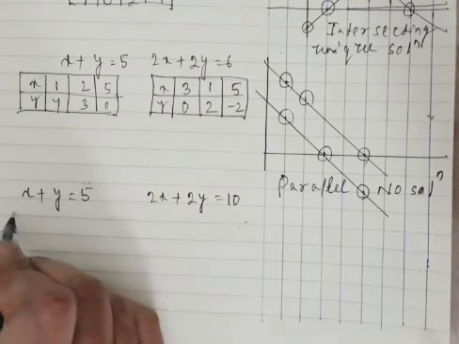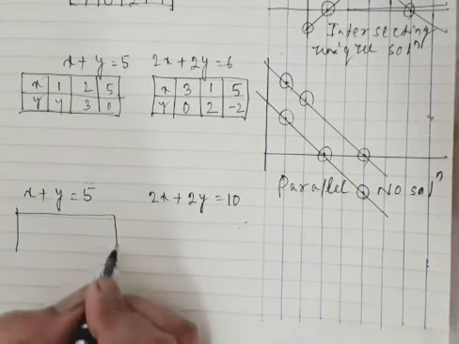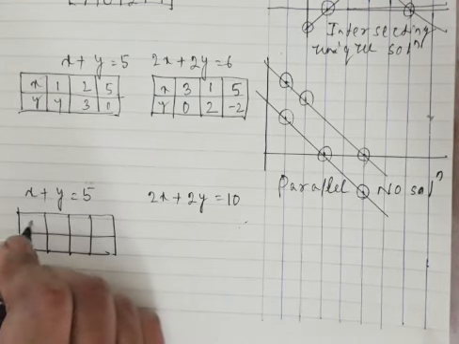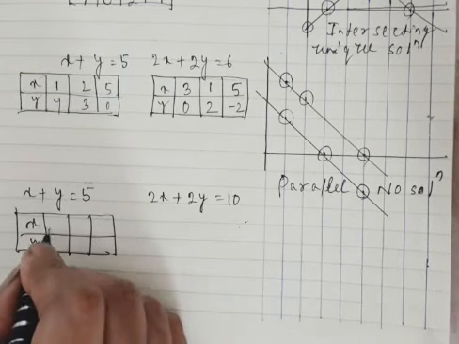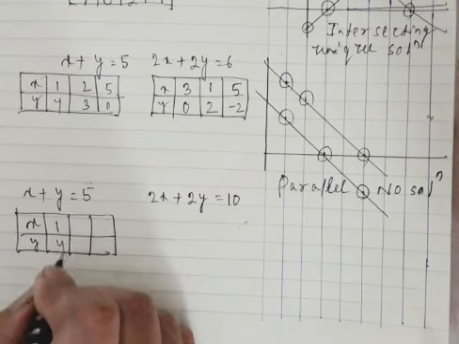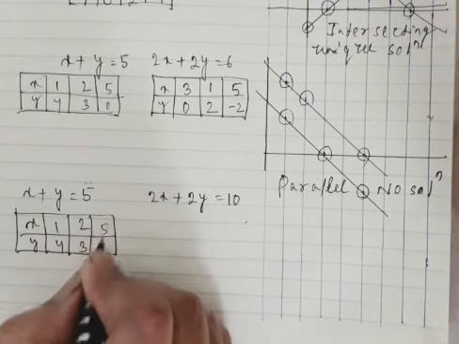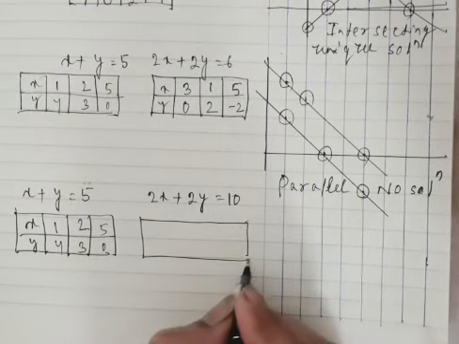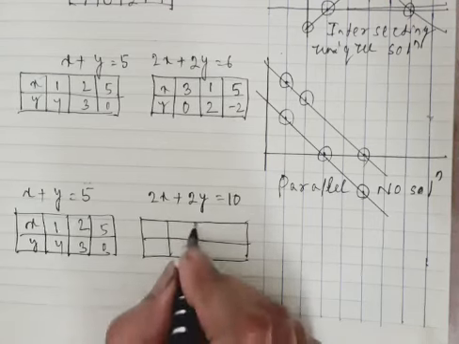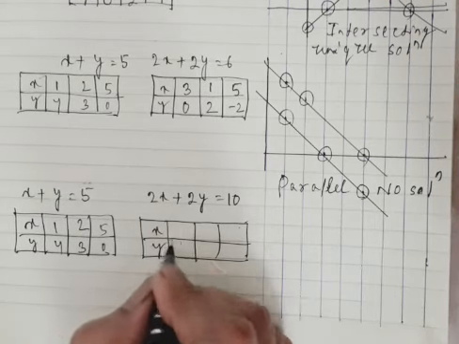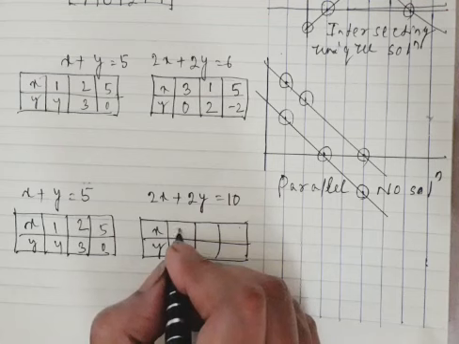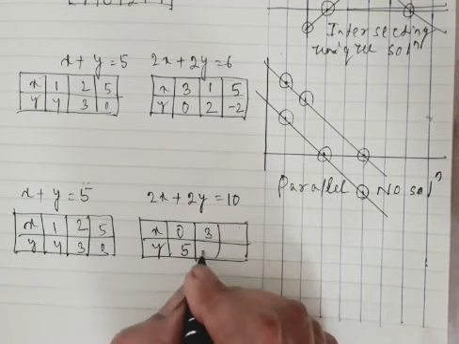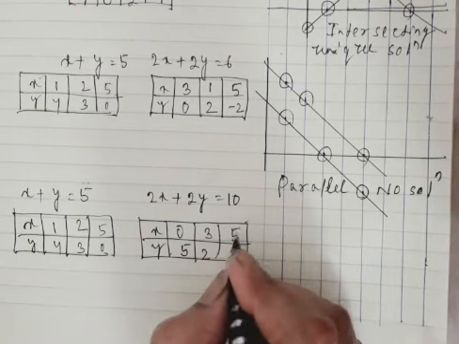Now the solution to the first one we have already seen: x, y: 1, 4; 2, 3; 5, 0. And for the second equation, the solutions are, let us take 0, 5; 3, 2; 5, 0. You can verify.